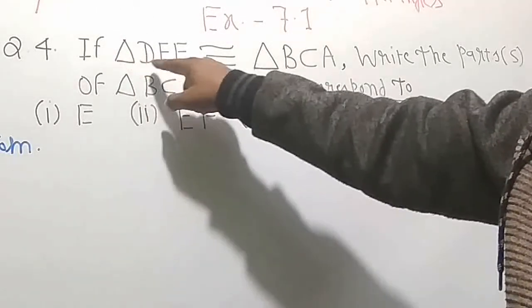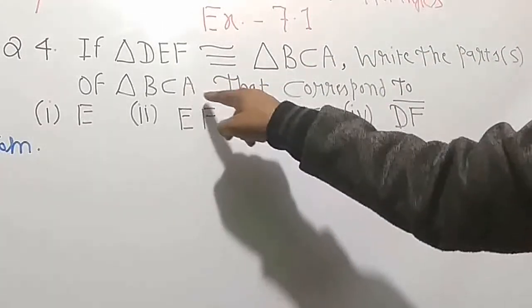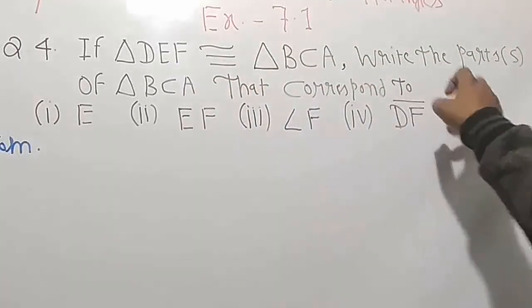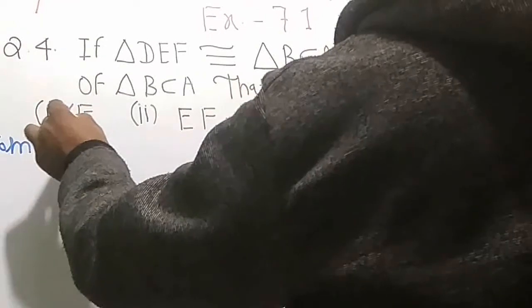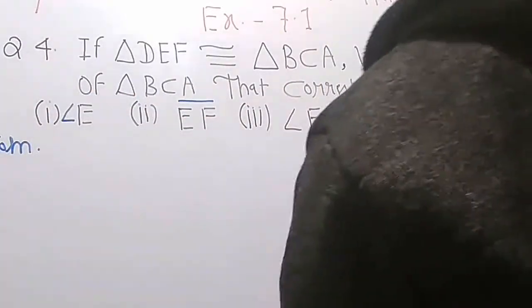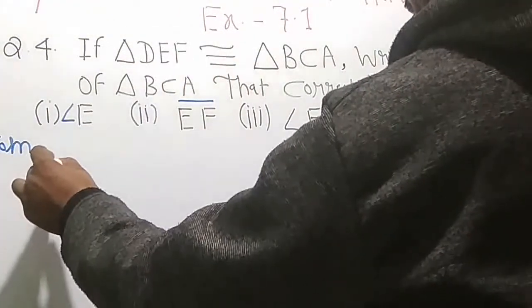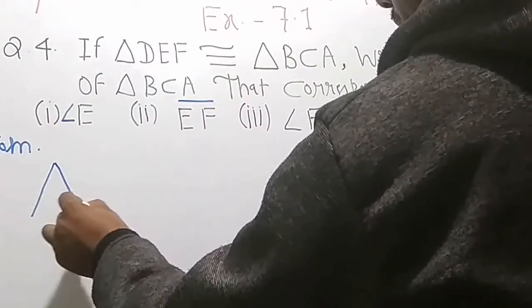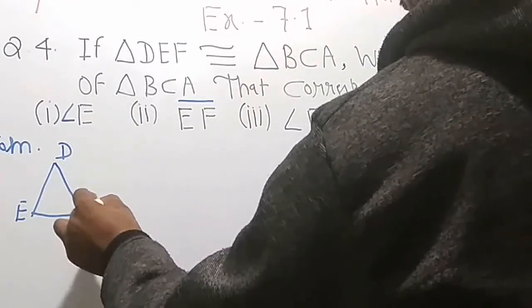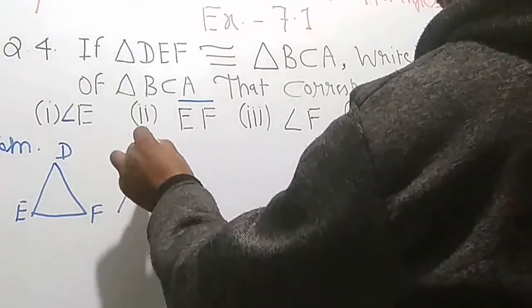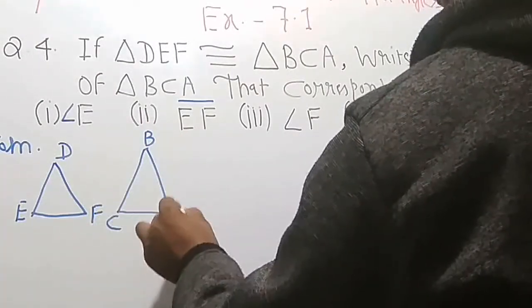Now the question number 4, if triangle DEF is congruent to triangle BCA, write the parts of triangle BCA that correspond to E. This is angle E and this is side EF. So first we draw the rough figures for this. Suppose it is DEF and it is BCA.